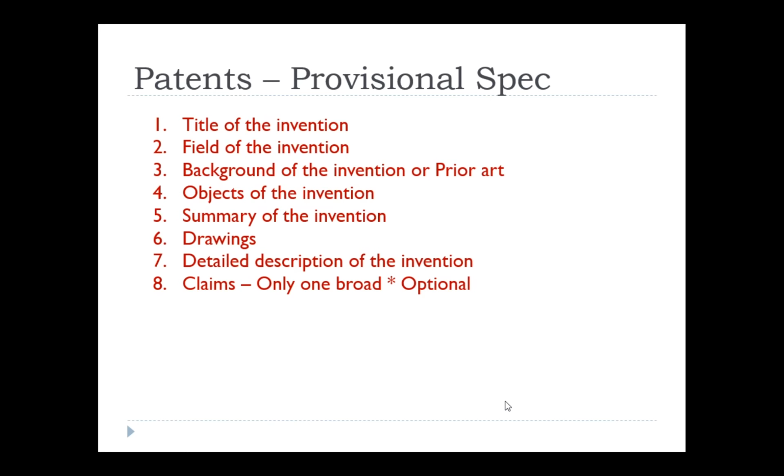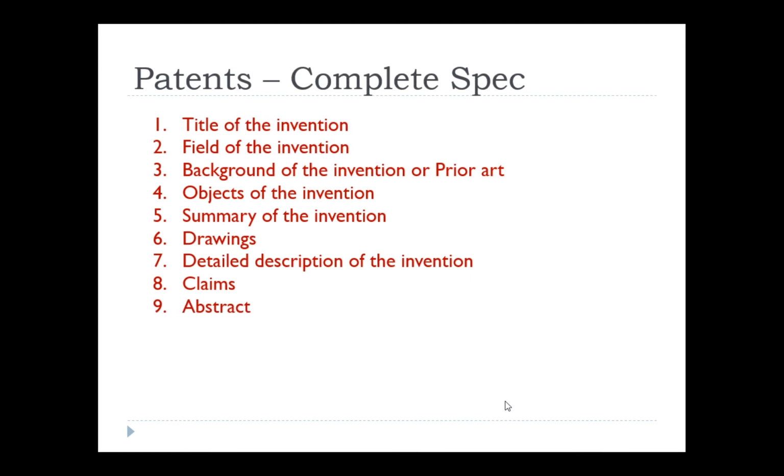Here you need to understand one important thing. You can give at least one claim, or even it is optional. It is not mandatory to give claims for the provisional patent alone, right? Hope you got some idea of what content should be presented for provisional patent filing.